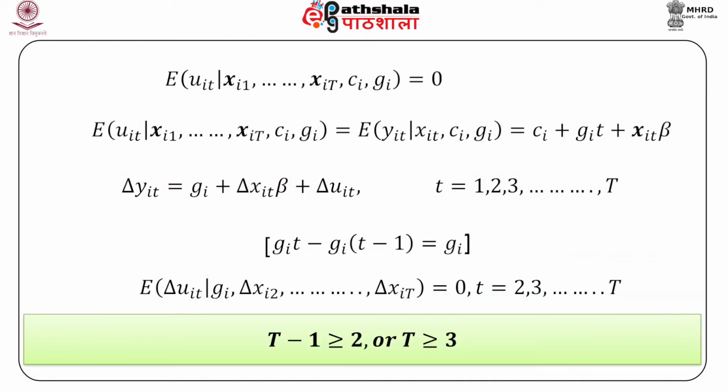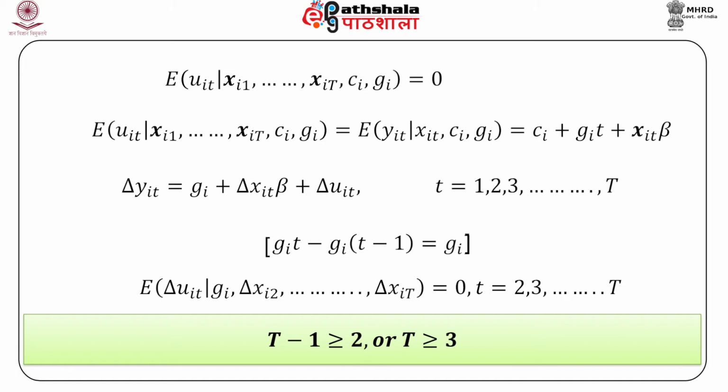For the random trend model, the strict exogeneity assumption on the explanatory variables is written as the expected value of Uit given Xi1 up to Xi capital T, Ci and Gi equal to 0. Now this is our equation 10, which follows definitionally from the conditional mean specification.